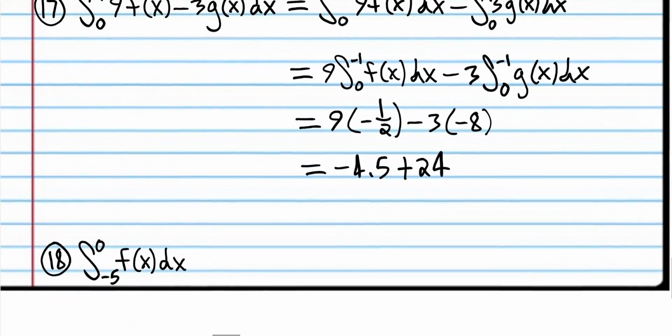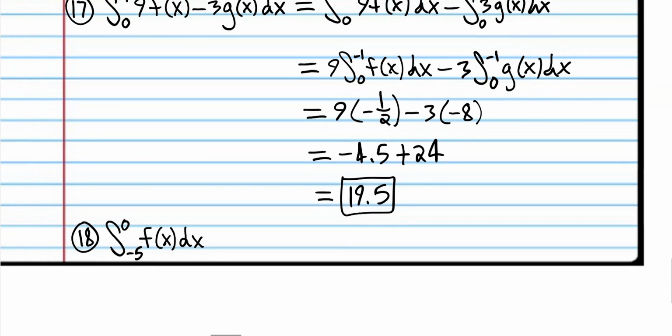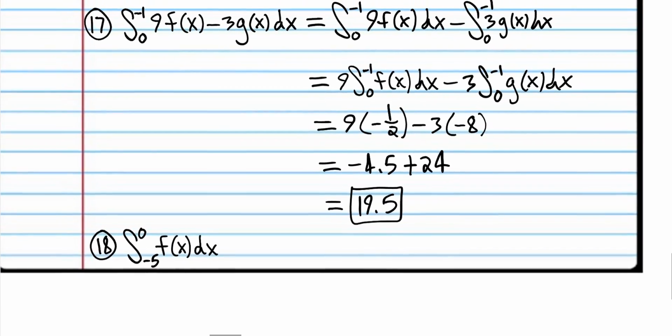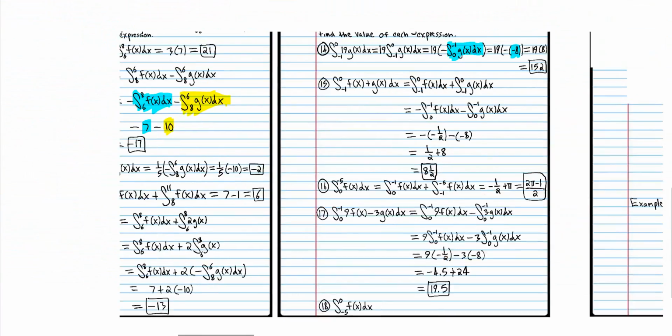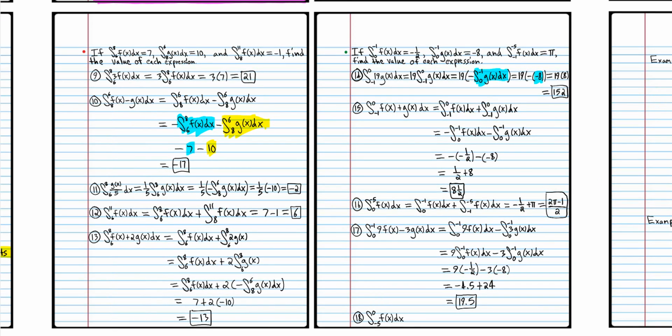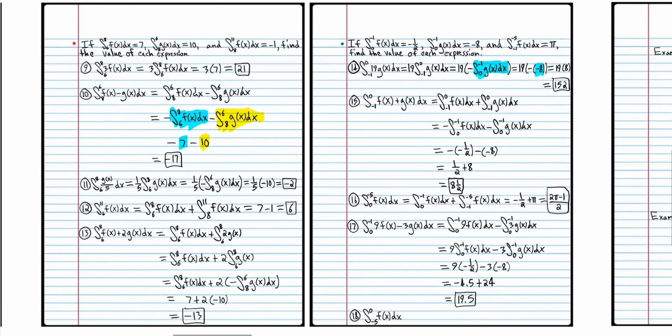And negative 4.5 plus 24 is 19.5. So if you got that one right, excellent. Go ahead and try number 18, and when you come back, we'll do it together.